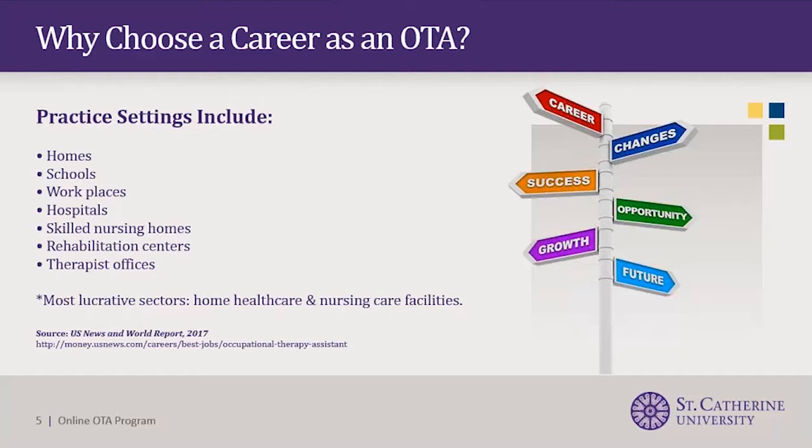You can work in a hospital, skilled nursing facility, rehab center, and therapist's office. Naturally, the most lucrative sectors right now are going to be home health care and nursing care facilities, as I mentioned, due to the baby boomers retiring and the elderly generation.